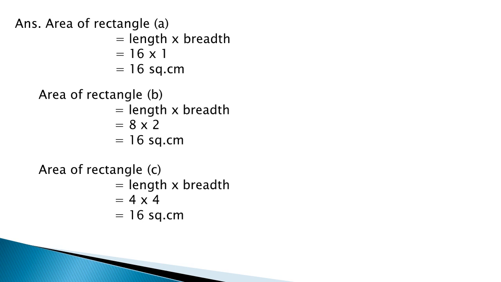And you can check the answer by counting the squares also, but it will take a long time. So you should know this process, you should know the formula, you should know the multiplication, and you should be able to substitute the values and solve the sums. Understood? So let us see the next slide.